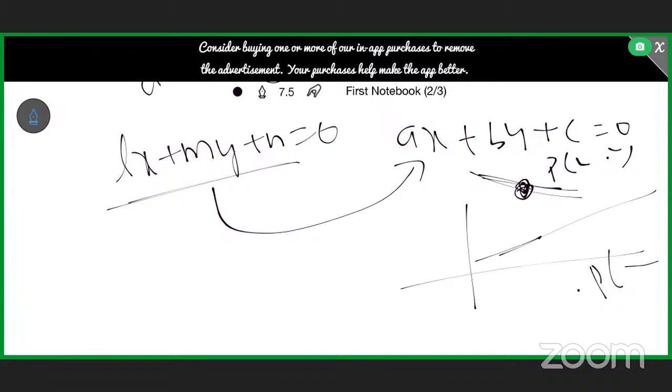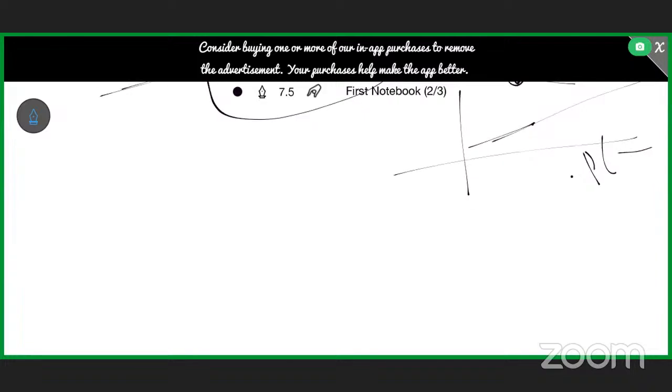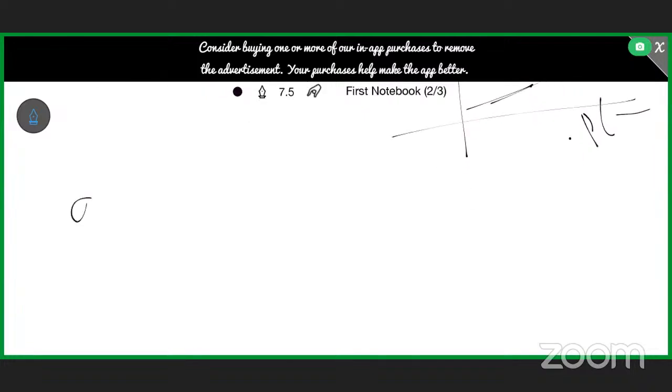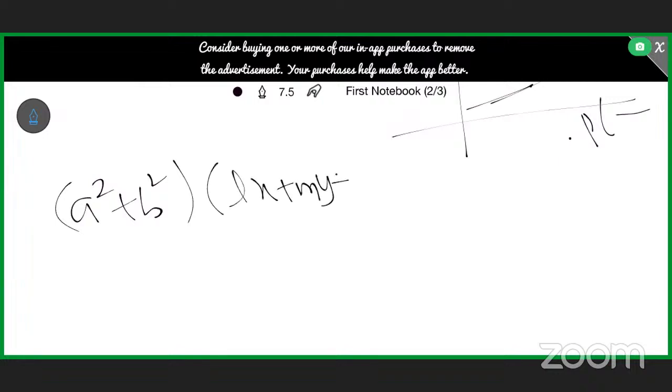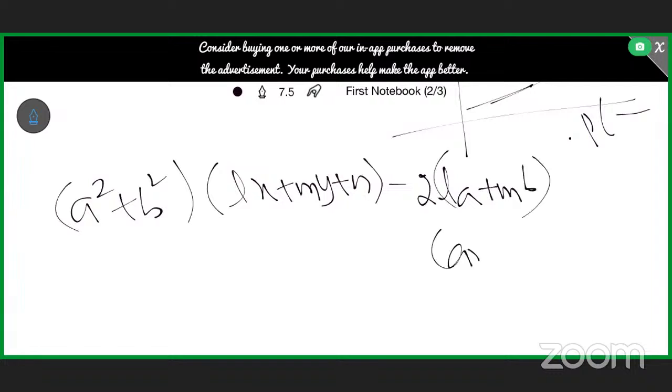Now we are considering a straight line, so its image will be another straight line only, and that will be an equation. The equation will be in the form of (a square plus b square) into (lx plus my plus n) minus 2 into (la plus mb) into (ax plus by plus c) is equal to 0.